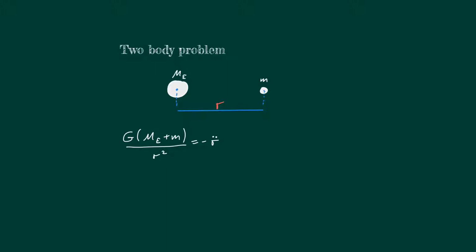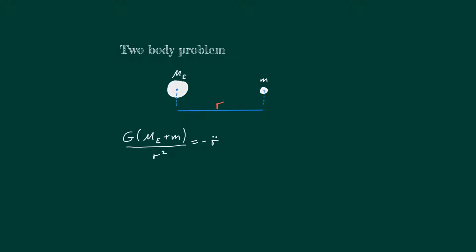So we have here the mass of the Earth or some other mass, and in a distance r, a different mass which has the value small m.